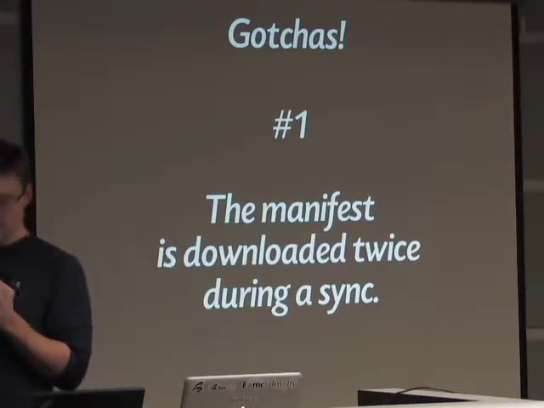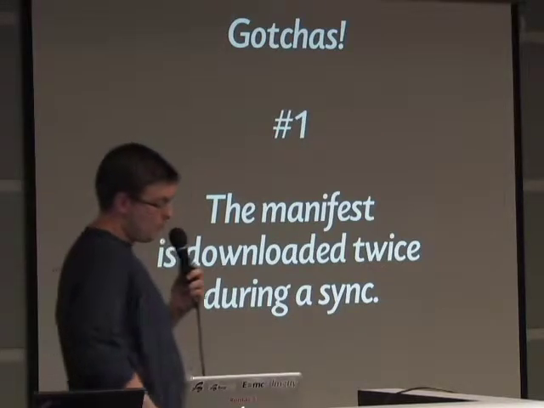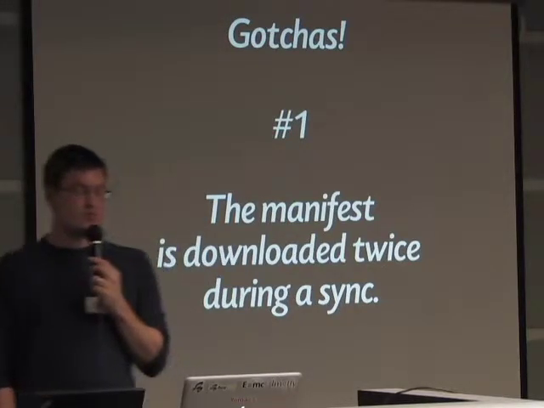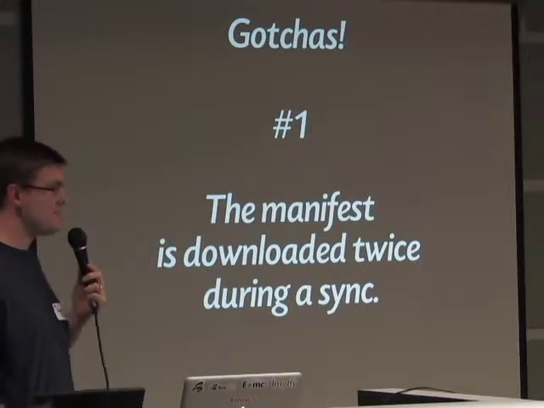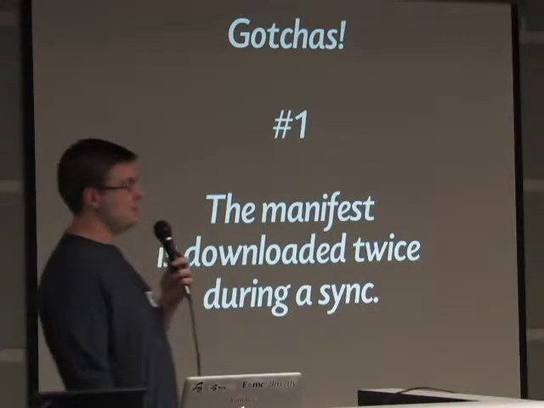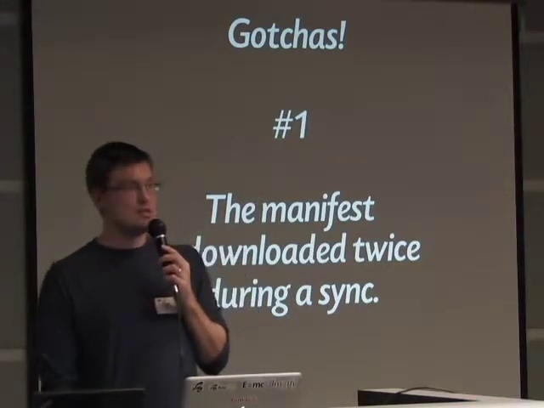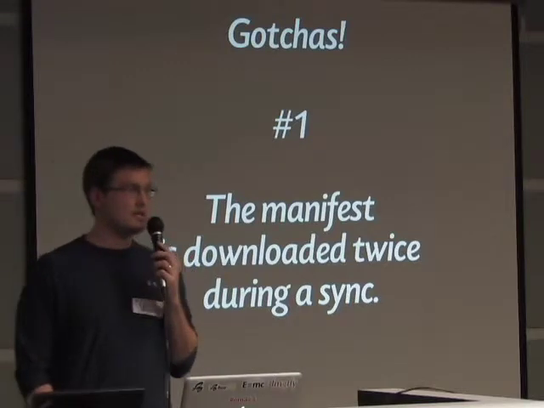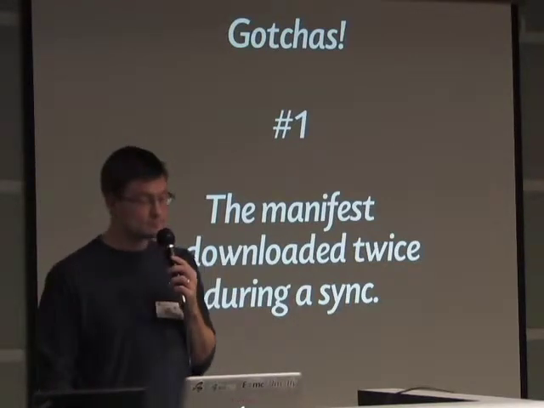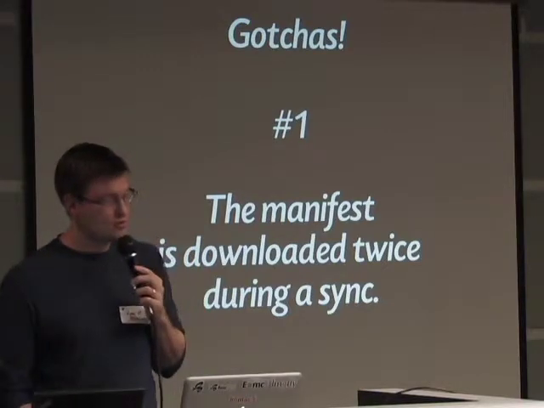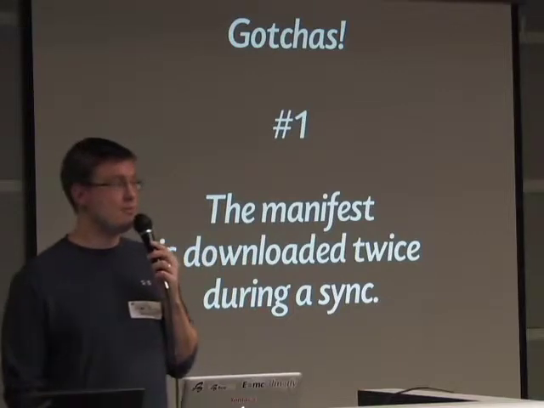So, I mentioned there were some gotchas. I've already talked about some of them. One thing to know, and this isn't really a gotcha, it's more of a good-to-know tip, is that the manifest file we talked about is downloaded twice, especially on a cache update. What happens is we check the application cache, it downloads the manifest file, downloads all the resources if there was an update, and at the end of that process, it downloads the manifest again.